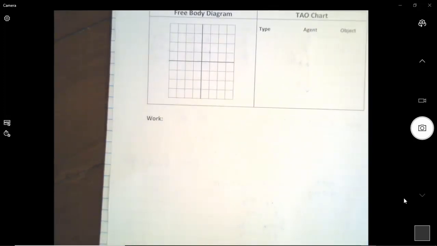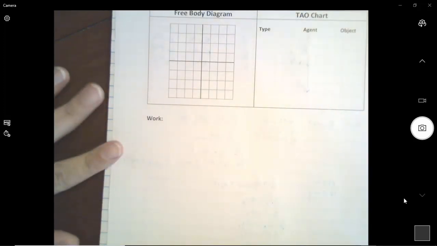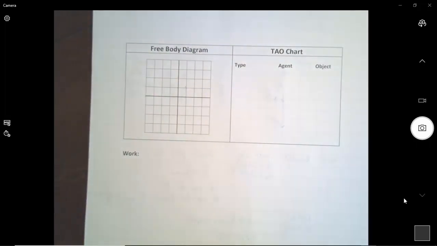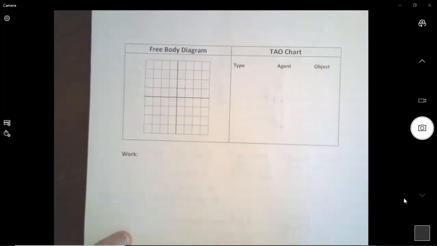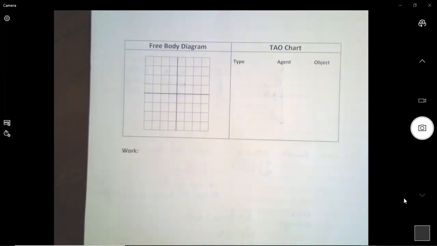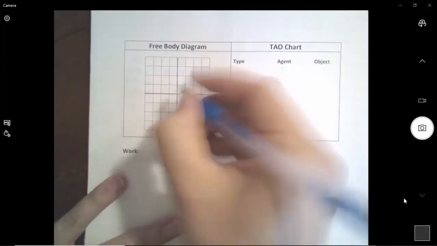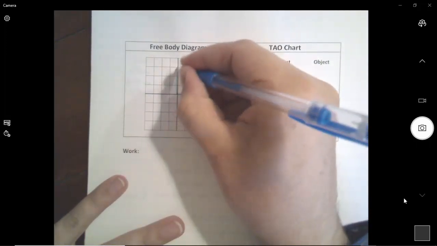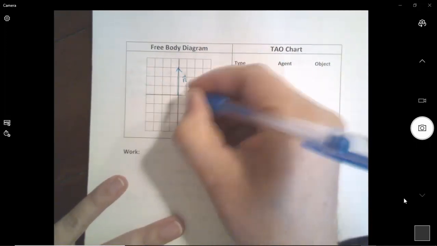The next question asked us to find, once the bottle does begin sliding, what is its acceleration? Notice there is no what's the fastest acceleration, what is the highest acceleration. There's just one acceleration once the bottle is sliding. The free body diagram is going to look very similar.